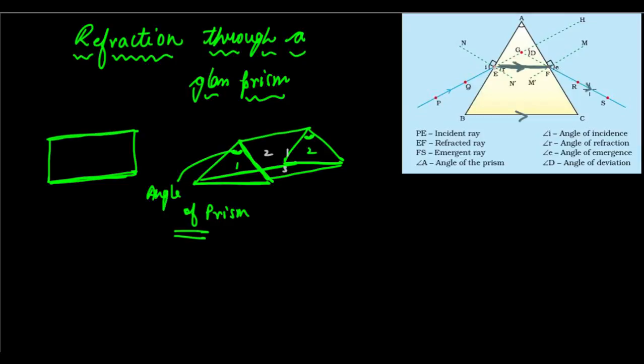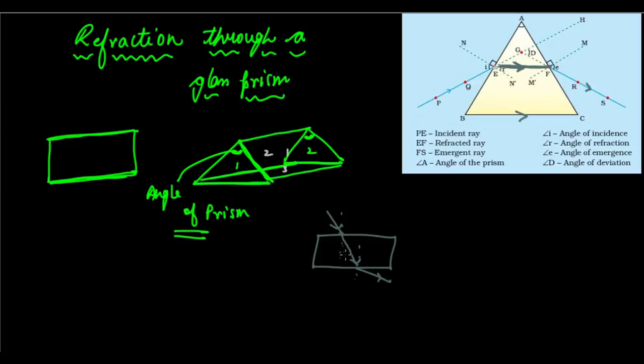And can you see that the emergent ray is not parallel to the incident ray, as in the case of a glass slab. In the glass slab, it emerges parallel to the incident ray. If you see in a glass slab, when light comes here, it moves towards the normal, and after that if you draw another normal, it moves away from the normal.